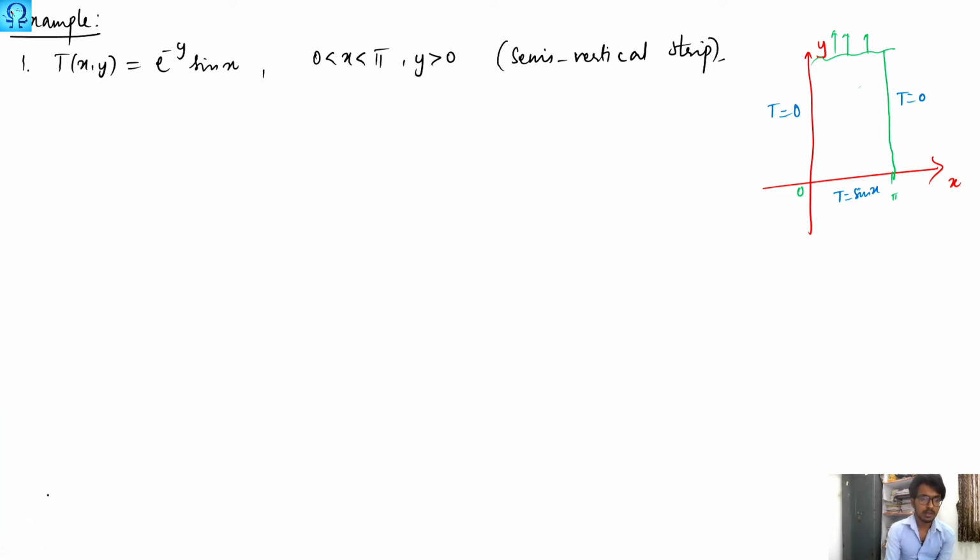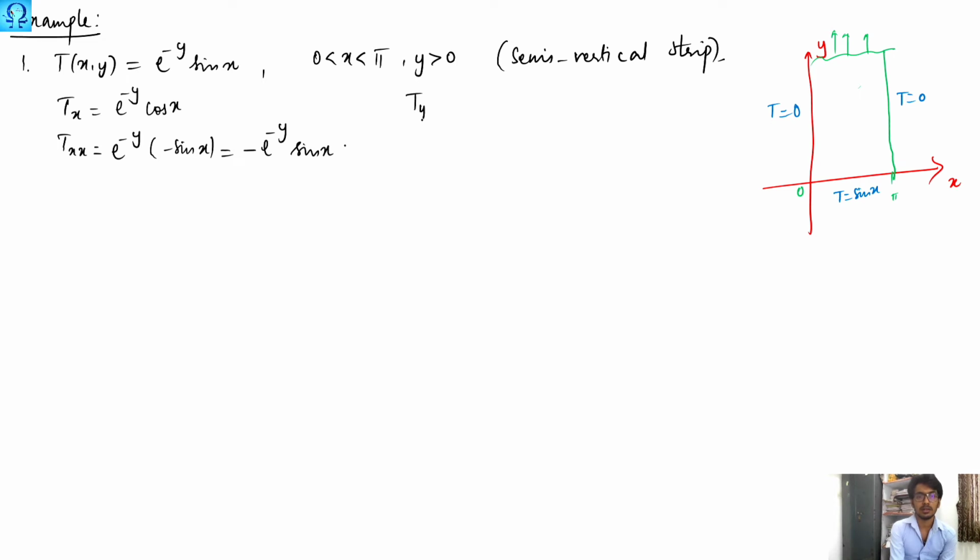First of all, our interest is to verify whether this satisfies the Laplace equation or not. So what is Tx? Tx is e to the power minus y cosine x. Txx is e to the power minus y multiplied by minus sin x, so this becomes minus e to the power minus y sin x.